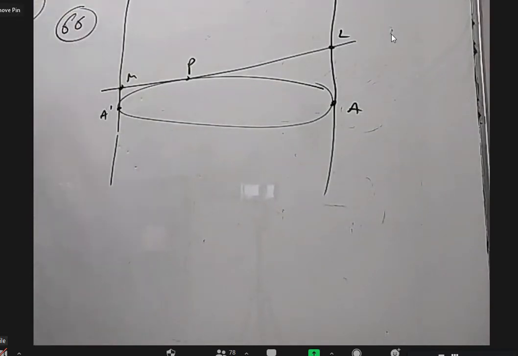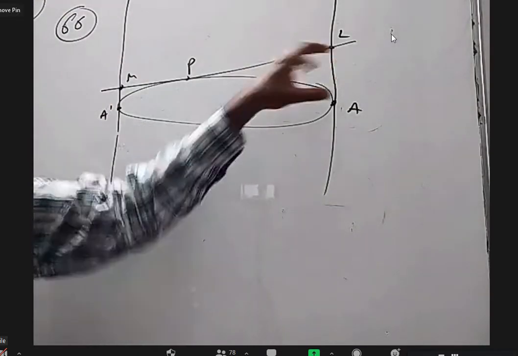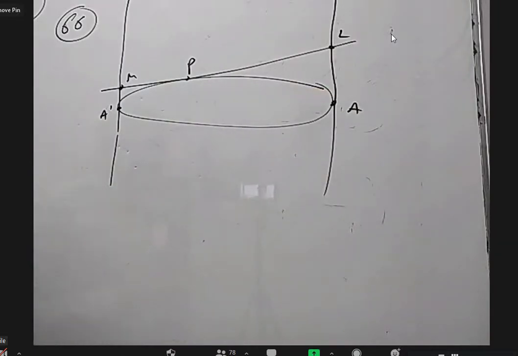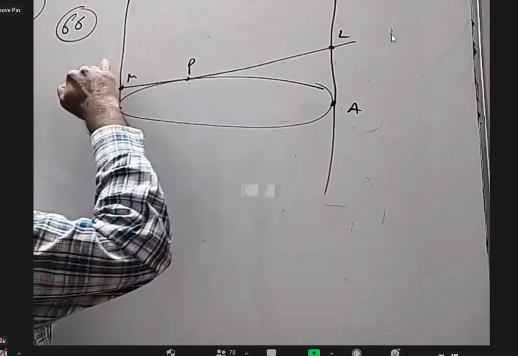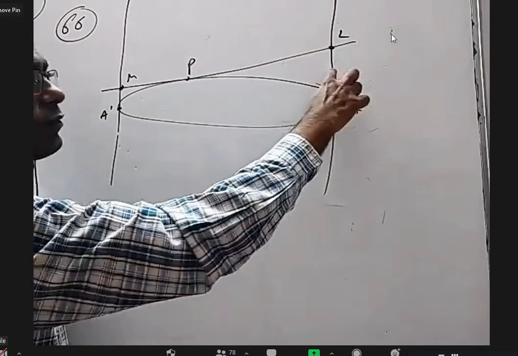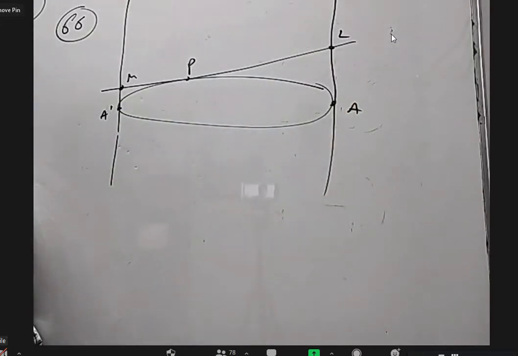Why is it very easy to tell? If you take the simplest horizontal tangent, what will AL be? If you draw the tangent at the opposite point, it will be like this, L will be somewhere here. What will AL be?